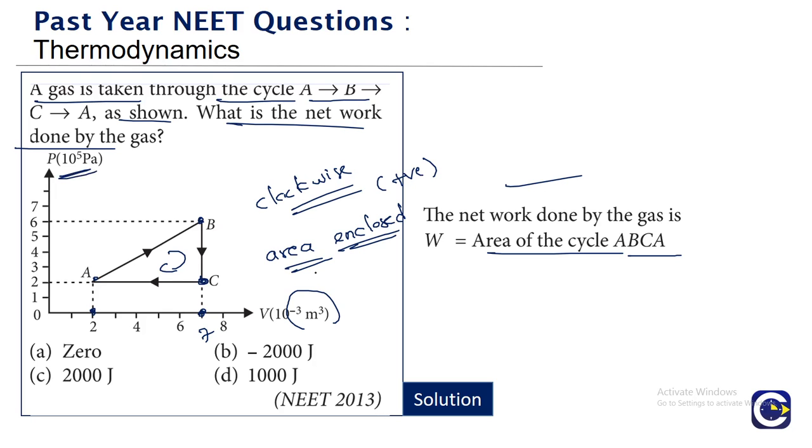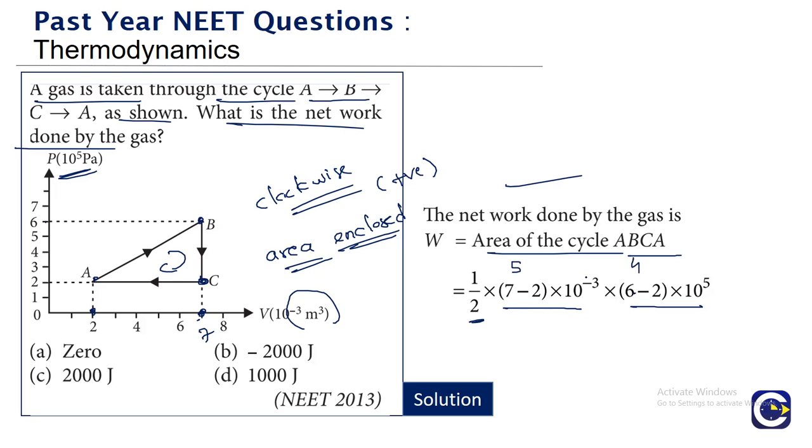We have to see the multiplier for the pressure: 10 power 5 pascals. The formula for the area of the triangle is half into base, which is 7 minus 2 into 10 power minus 3, into height, which is 6 minus 2 into 10 power 5. We have to keep the multipliers. So this is 5, and this is 4.